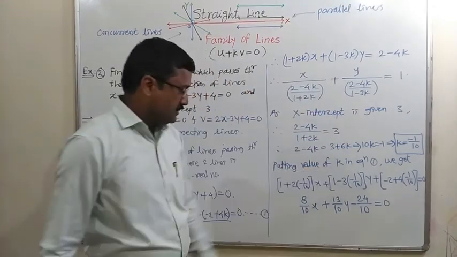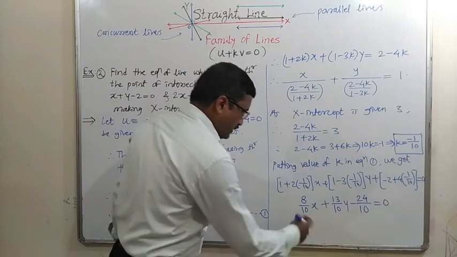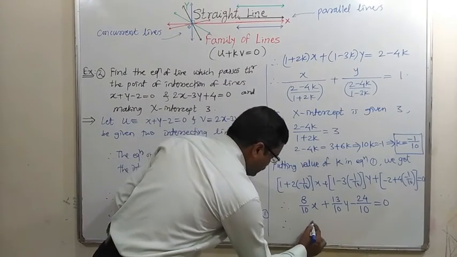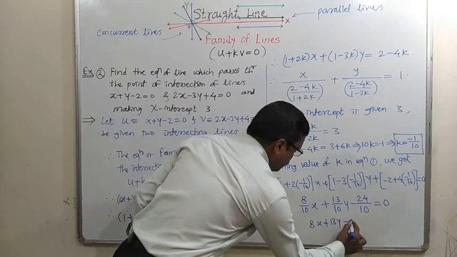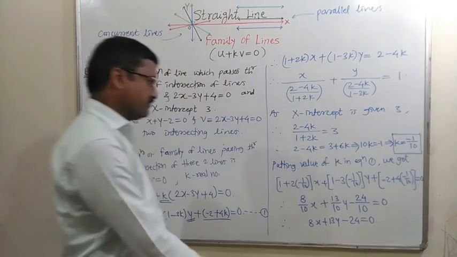Check the calculations; if any number is wrong, you can correct it. Multiplying each term by 10, we get 8x plus 13y minus 24 equal to 0.